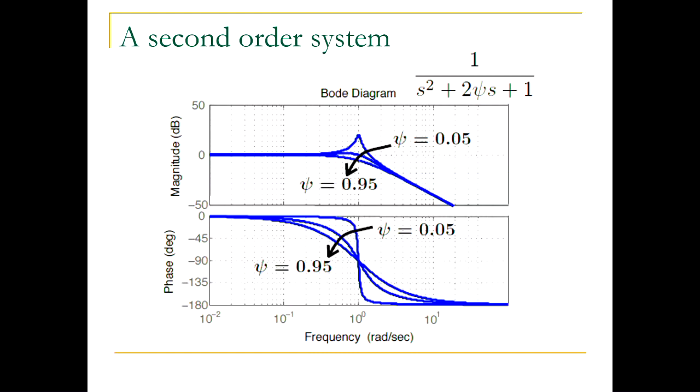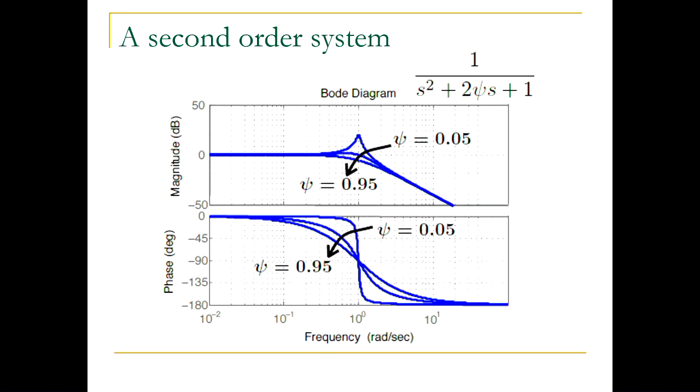Similarly, when you have small psi, you have this so-called resonant peak. And then as psi is increased, this resonant peak is suppressed. Actually, as psi tends to zero, what does that mean in terms of locations of the poles of this transfer function? They become closer and closer to the imaginary axis.